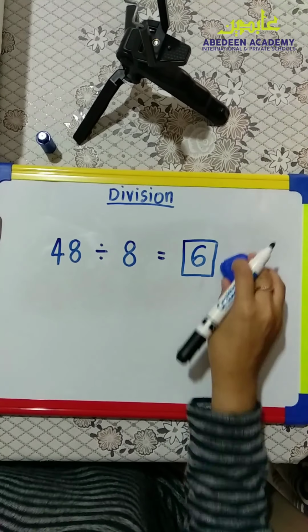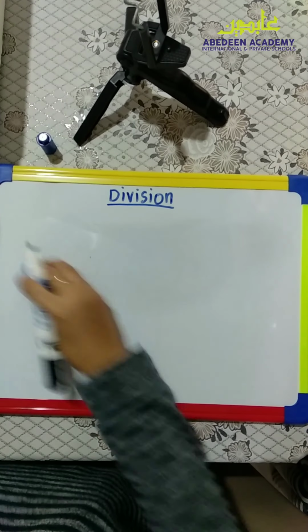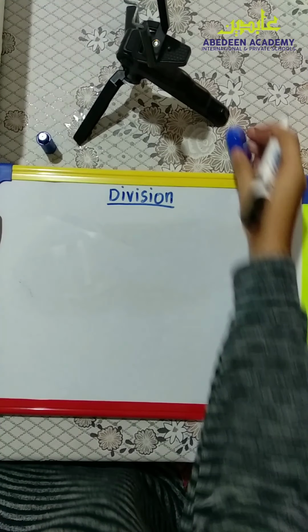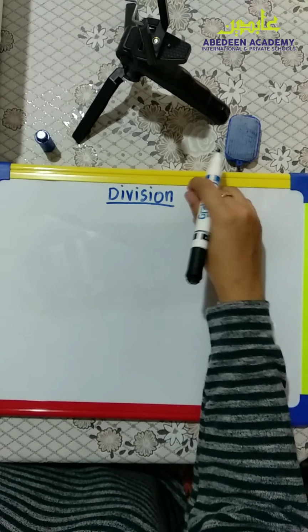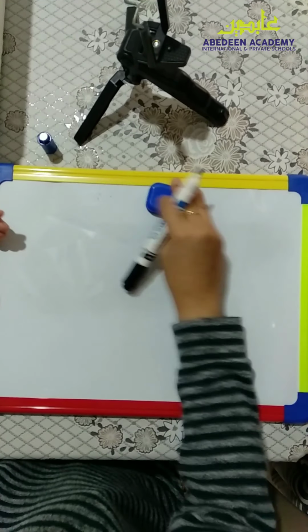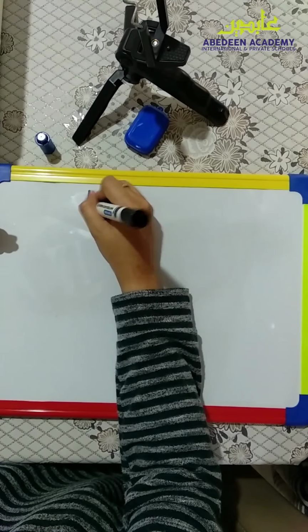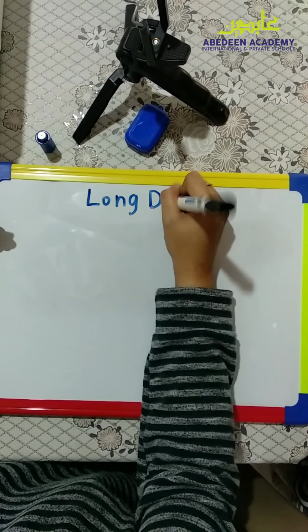So today, this is what you did last week, which is dividing using the multiplication table. Now today we are going to do long division. Last time was the short one, today is the long one.